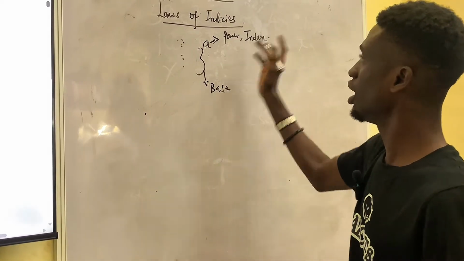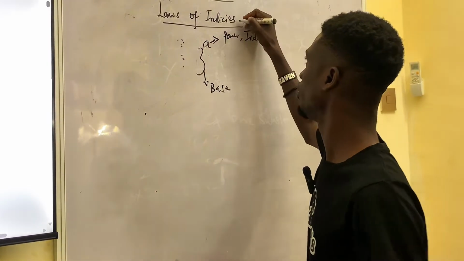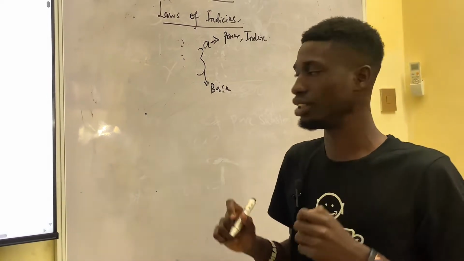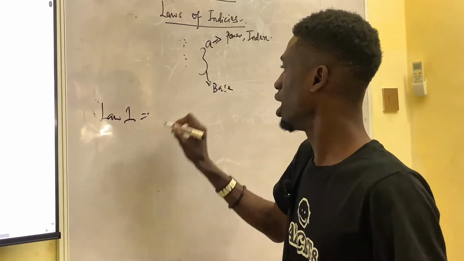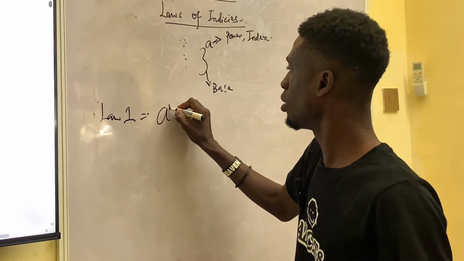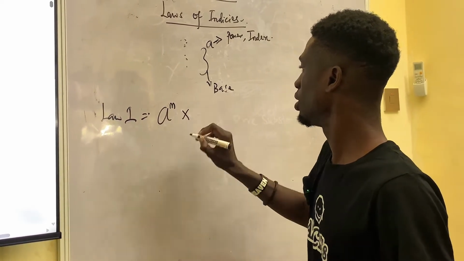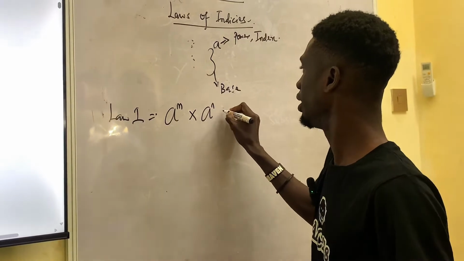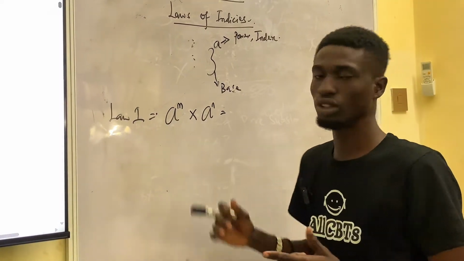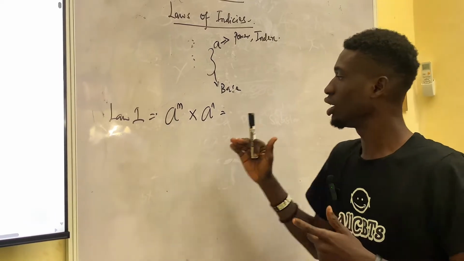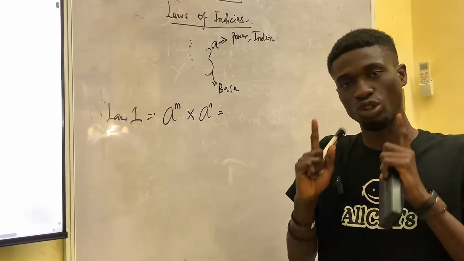So that leads us to the laws of indices as I've earlier stated. Now, law 1. If you have a raised to power m multiplied by a raised to power n. If you are solving questions on indices, there are some things you have to take notice of.